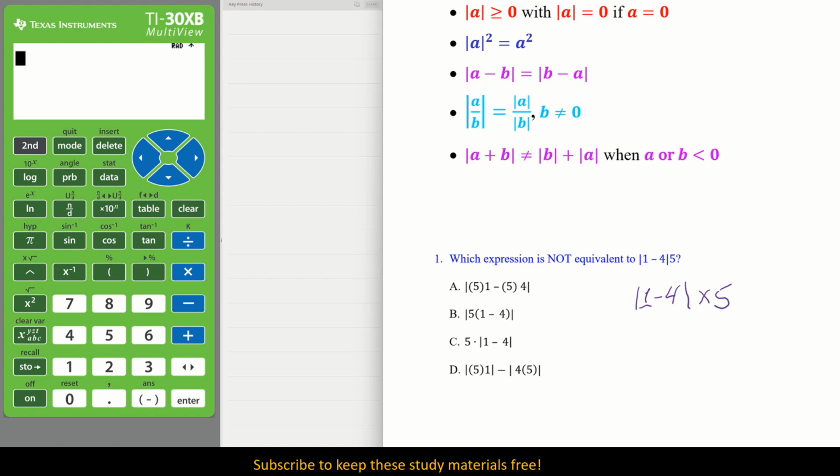So when we look at A, is that going to give us what we want? Remember, we're looking for what is not equivalent. So if it's equivalent, it's not what we need.